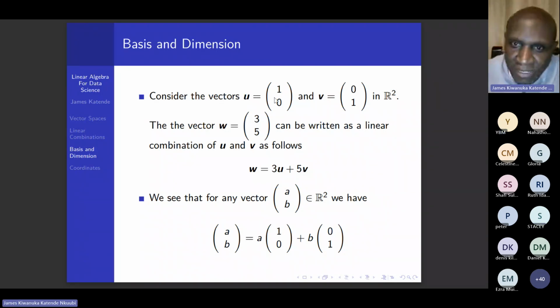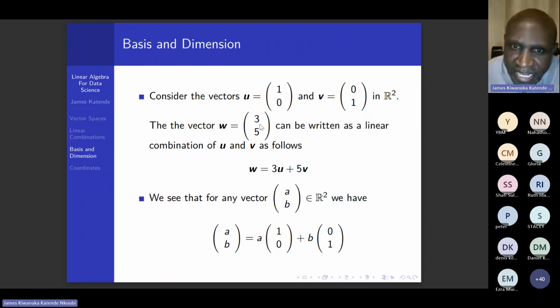So look at this carefully. Ideally you should have a pen and paper so that you write them down. You have two vectors, U and V. The first one has components 1, 0. The second one has components 0, 1.